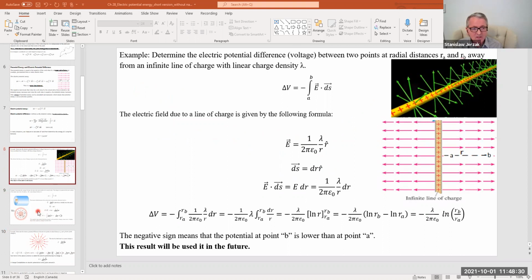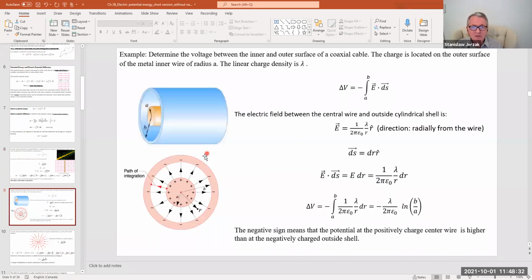So let us do this example, because last week I was explaining about coaxial cable, and remember we calculated electric field in the coaxial cable.